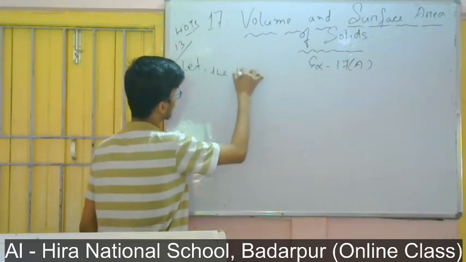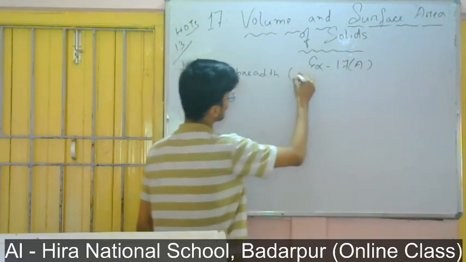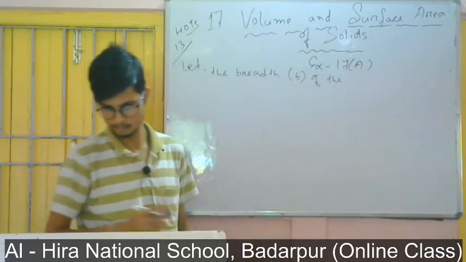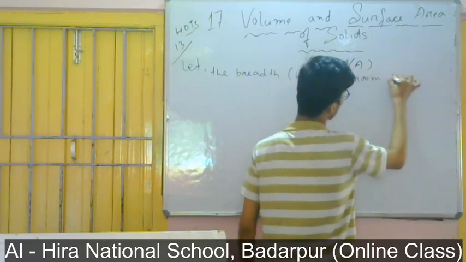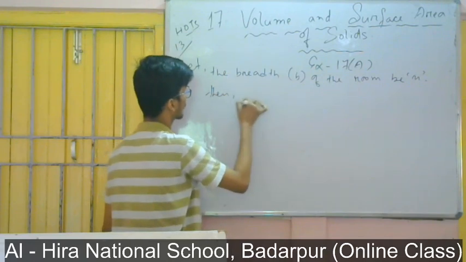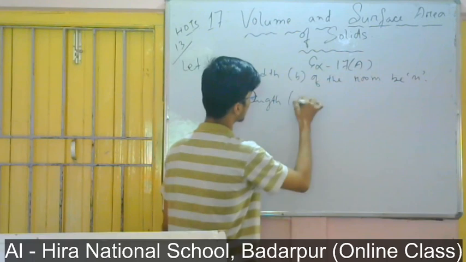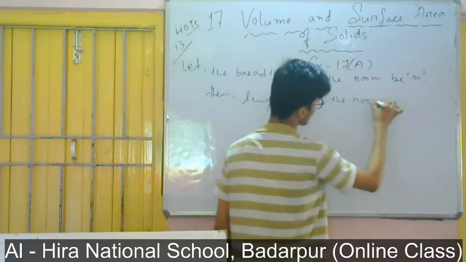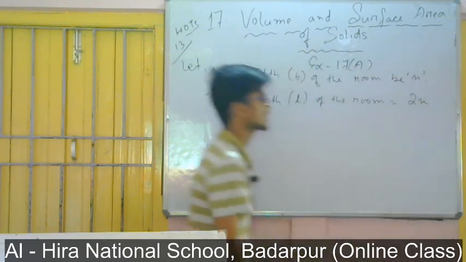Let the breadth of the room be x, then length L of the room equals twice the breadth, that means twice x.